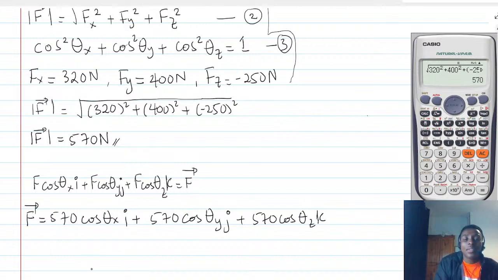Is that right? So this is also equation 4, which is one of the fundamental equations you have to use in order to solve for the angles.